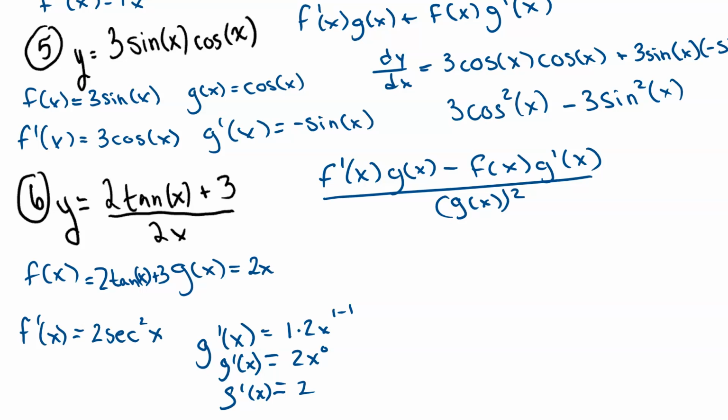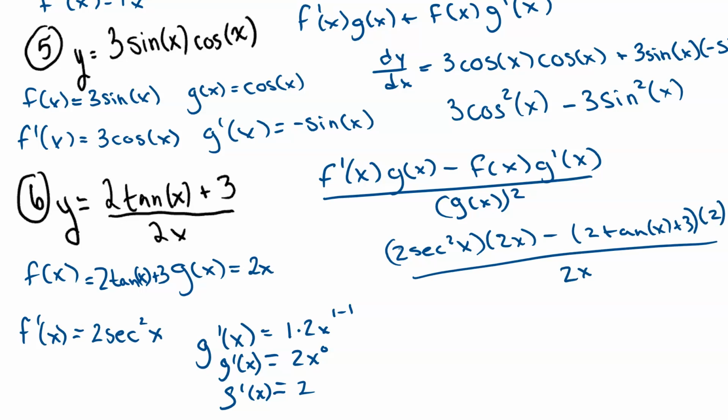Okay, so let's substitute in. We've got f prime, 2 secant squared x, times g, 2x, minus f, which is 2 tan x plus 3, times g prime, which is 2, divided by 2x, which is our g squared.